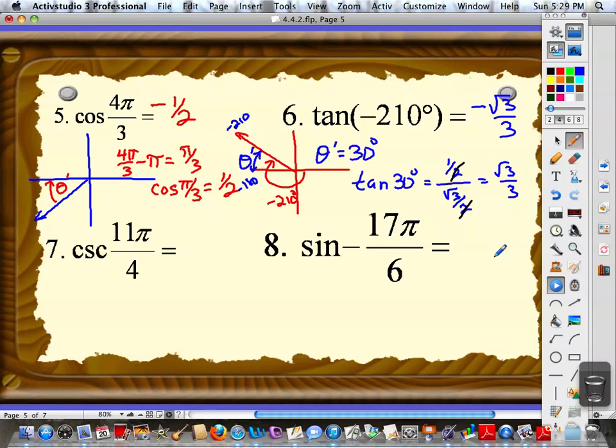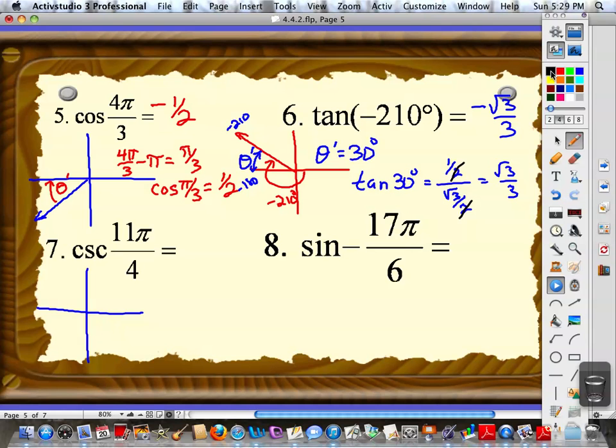All right, number 7. Cosecant of 11/4 pi. Well, again, the first thing I've got to do is figure out what quadrant it is. 11/4. Well, 8/4 would be 2.